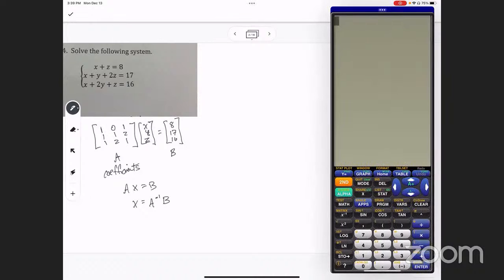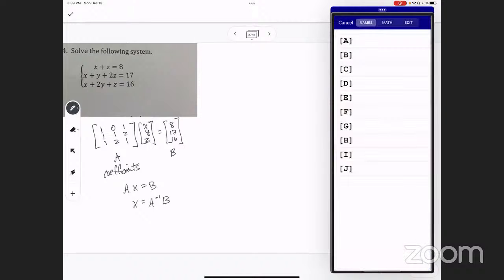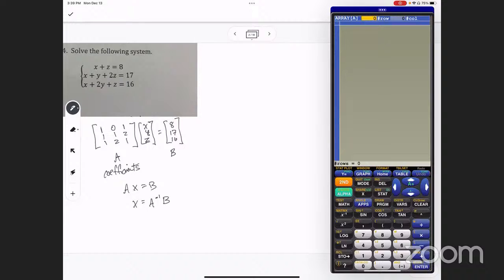So now I'm going to show you how to do that. You go see where it says matrix to the right. It's underneath the math button, the orange underneath the math button. Do you see it? The second button? Yeah, the second button. So I'm going to name my A matrix. I'm going to edit my A matrix. So I go edit matrix, and you're going to have to put in three rows and 3 columns.